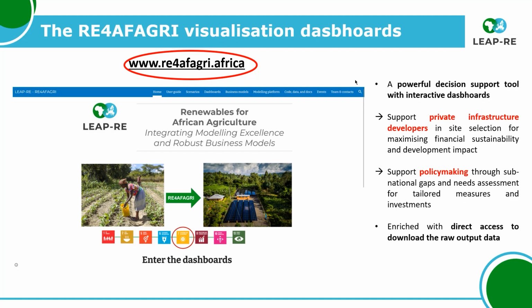Moreover, they also aim at supporting policymaking through assessment of subnational gaps and needs, in order for tailored measures and investments to be targeted. Finally, these dashboards are also enriched with direct access to download the raw output data for further scientific analysis.